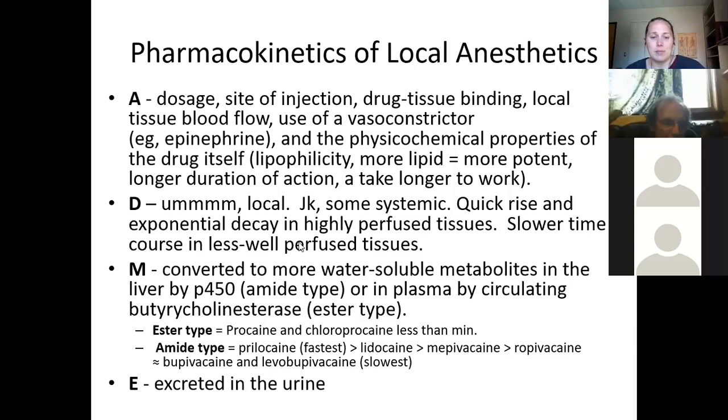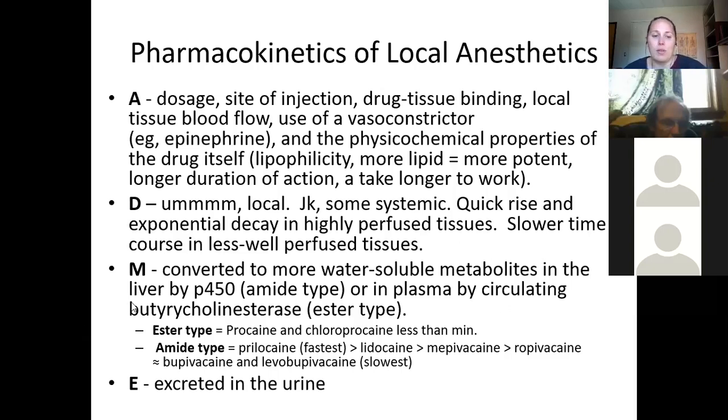A quick rise time and exponential decay in very highly perfused and vascularized tissues, things like your brain and heart and your cardiovascular system, slower time course in less well perfused tissues, things like your musculature, for example, and your gut.